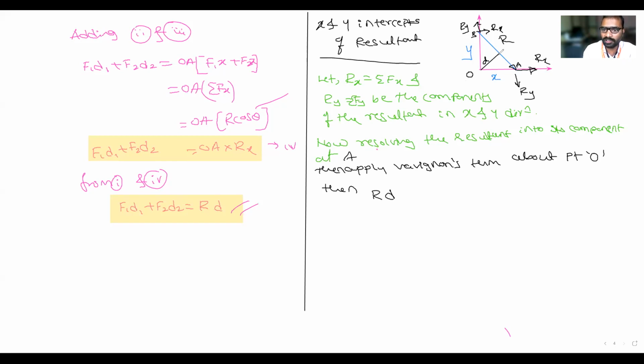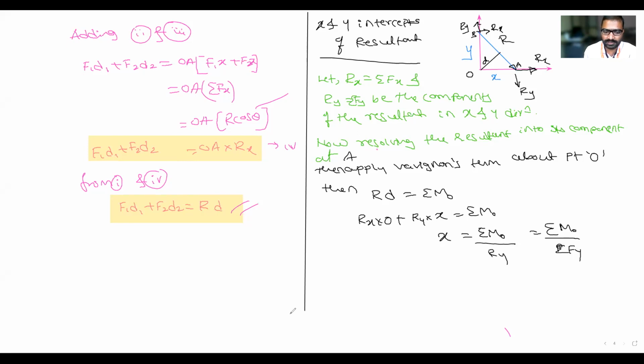The resultant is R, the perpendicular distance is D. R into D is equal to the summation of moments about O. So R into D is equal to Rx into 0, since Rx passes through point O, plus Ry into x, where x is the perpendicular distance. Ry into x is equal to sigma M about O. From this equation, x is equal to summation of moment about O divided by Ry, that is, summation of M about O divided by sigma fy.